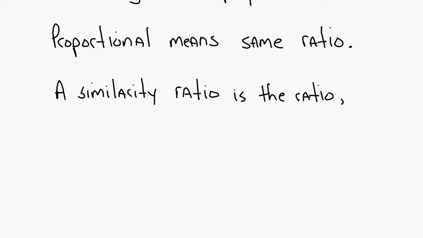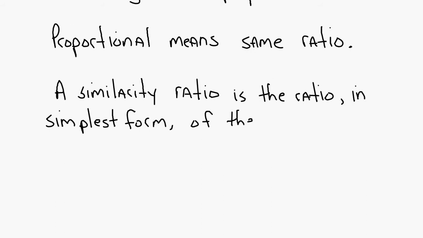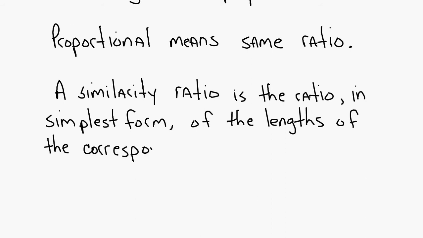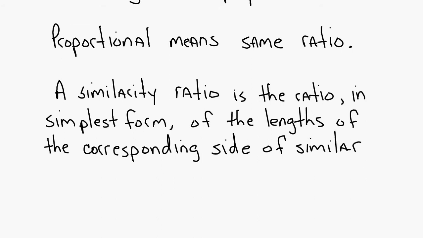A similarity ratio is the ratio, in simplest form, of the lengths of the corresponding sides of similar polygons.